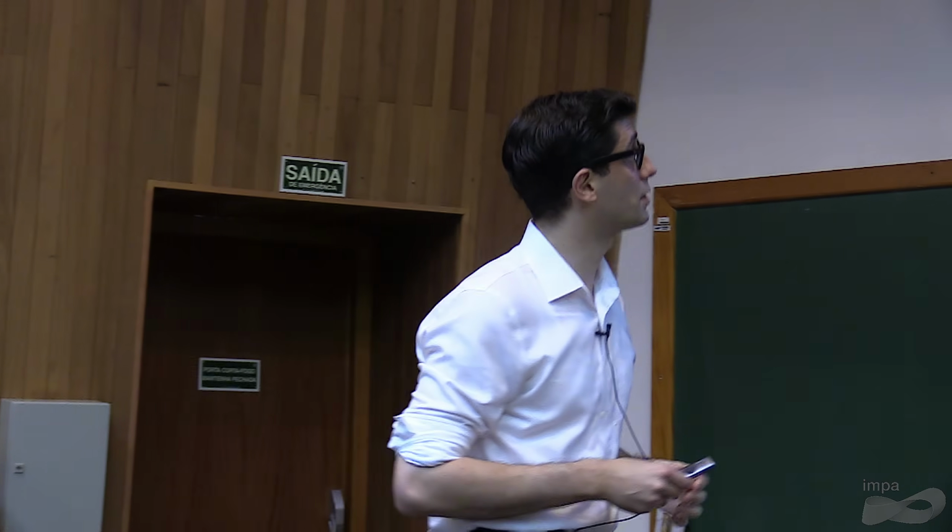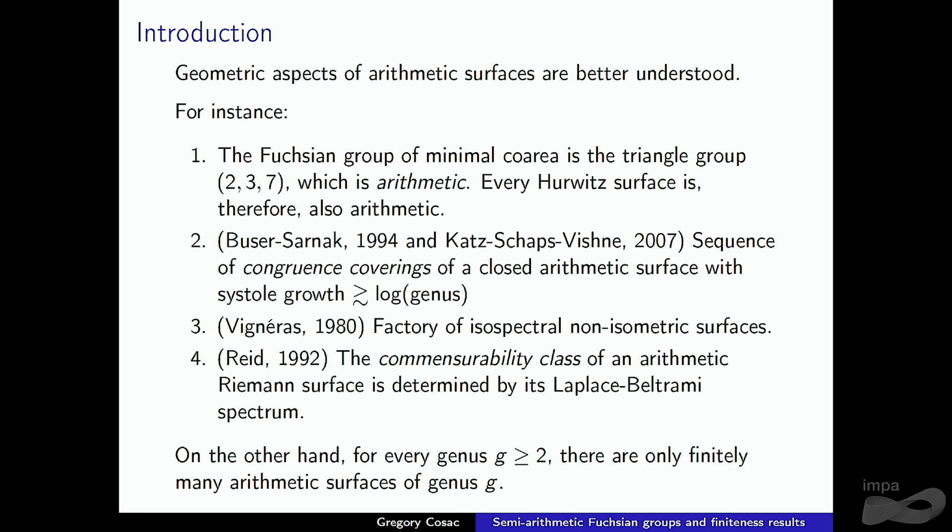Number three, Vignéras in 1980 used these number theoretic tools to construct isospectral surfaces. They're non-isometric. It's been a famous problem, Kac's "Can you hear the shape of a drum?"